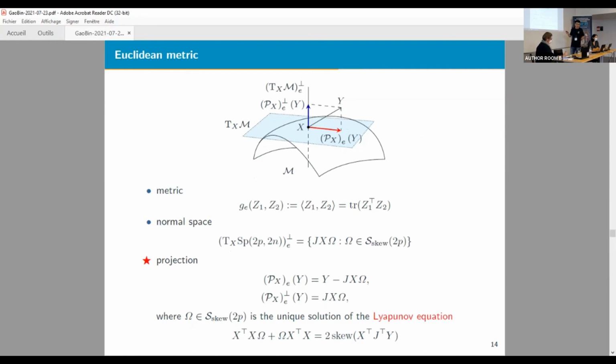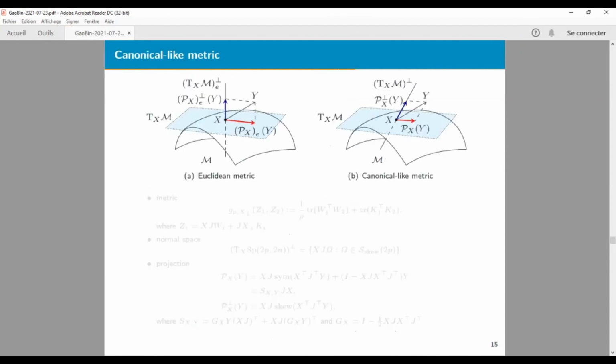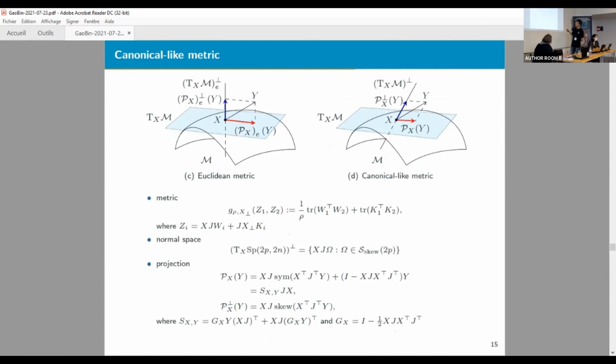This is inconvenient in our algorithm, so that inspired us to develop another metric. If you use this new metric we defined, then your projection onto the tangent space is closed form. That means you can just compute this projection without solving any equation.